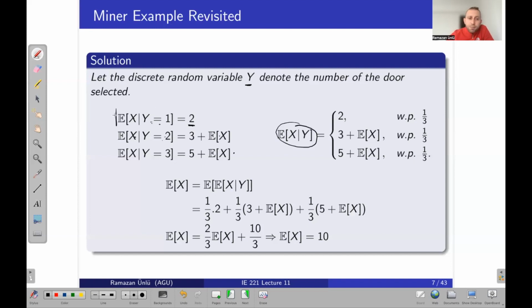Now this can be considered as a new random variable. So the expected value of x given y can be 2, 3 plus expected value of x, and 5 plus expected value of x with the probability of 1 over 3, 1 over 3, 1 over 3 respectively, because choosing any door has the same probability.